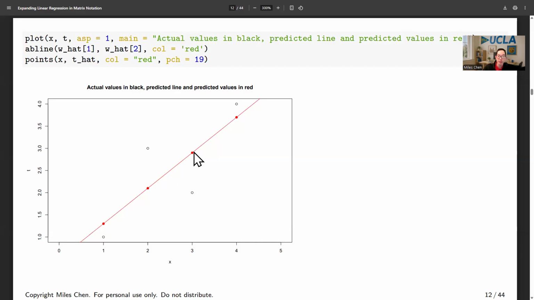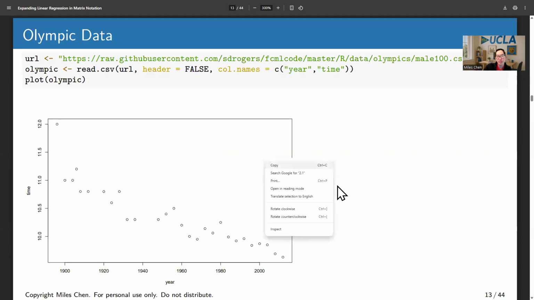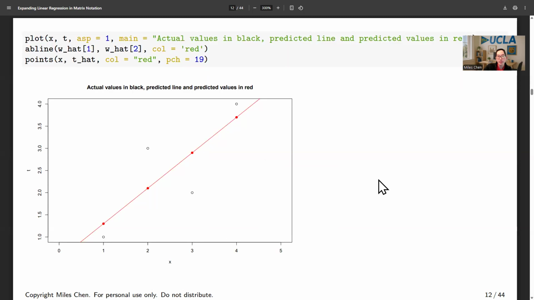Here we also have a residual of 0.9, and here we have a residual of 0.3. And so these are our predicted values shown in red, and the actual values there. The vertical distance between the dot and the line is our residual, and this line minimizes the sum of squared residuals. Okay, so that's that for a toy data set.